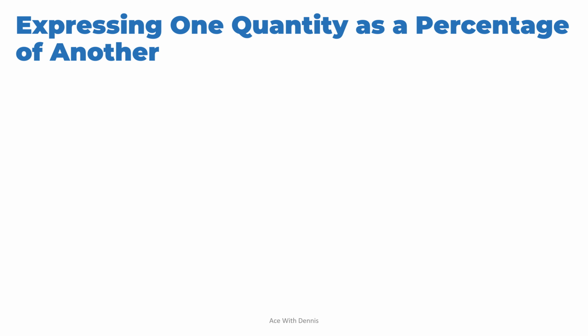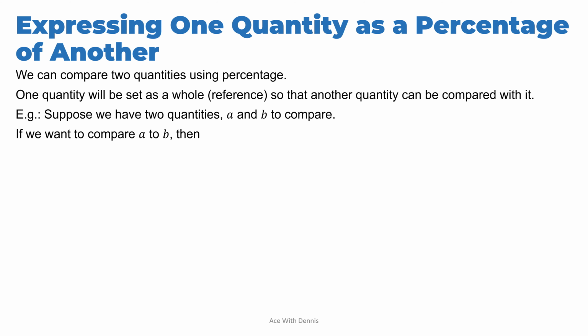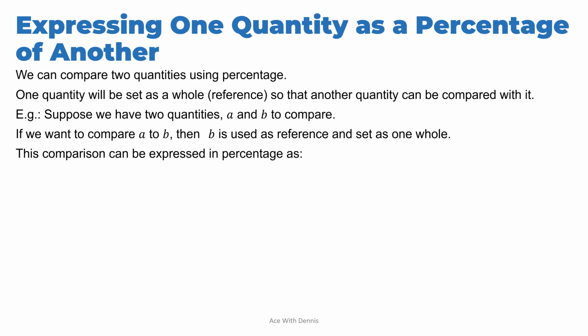Expressing one quantity as a percentage of another. We can compare two quantities using percentage. One quantity will be set as a whole or a reference so that another quantity can be compared with it. For example, suppose we have two quantities, A and B, to compare. If we want to compare A to B, then B is used as reference and set as one whole.